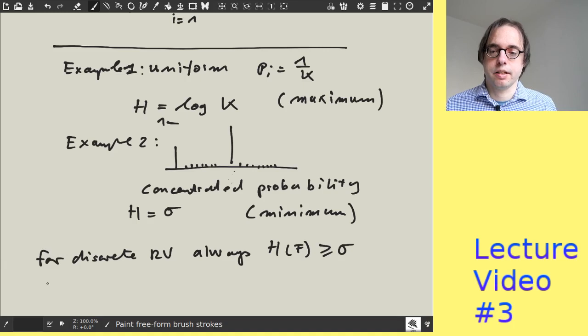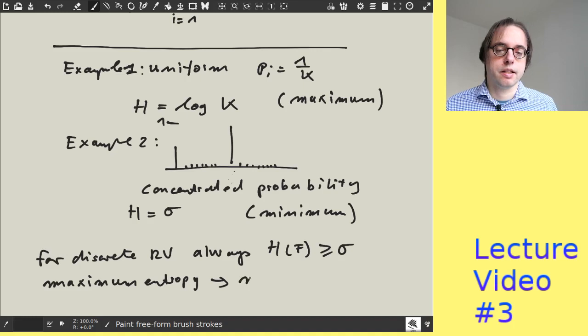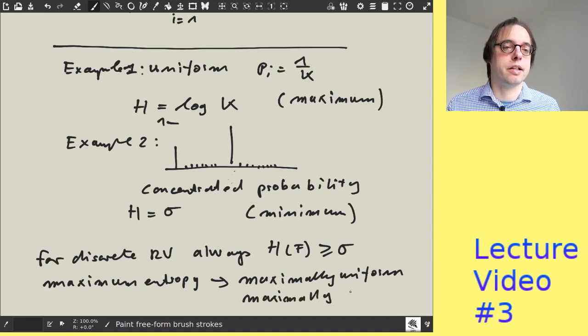So if something has maximum entropy, it means it's maximally uniform, or in a way maximally uninformative. And that's how entropy is often used to find distributions that are maximally uninformative.